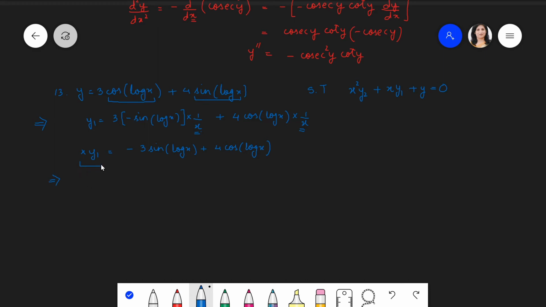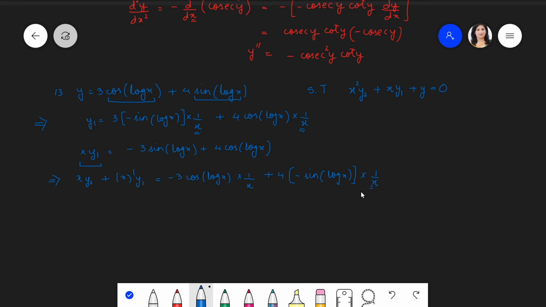So now here we are going to use the product rule. So x into the derivative of y1 plus the derivative of x into y1. Moving on to the right hand side, these are again composite functions. So 3 cos log x into 1 upon x plus 4 into minus sine log x into 1 upon x.